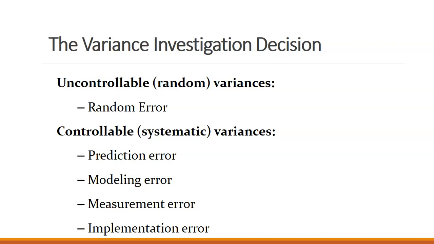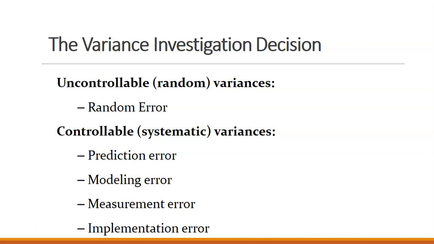So do our standard costs need to be adjusted? Was our static budget good from the get-go? Were we doing good forecast modeling when we were creating our budget? Or were we just really off on our budget because we had a modeling error? Were we off on our standard measurements?